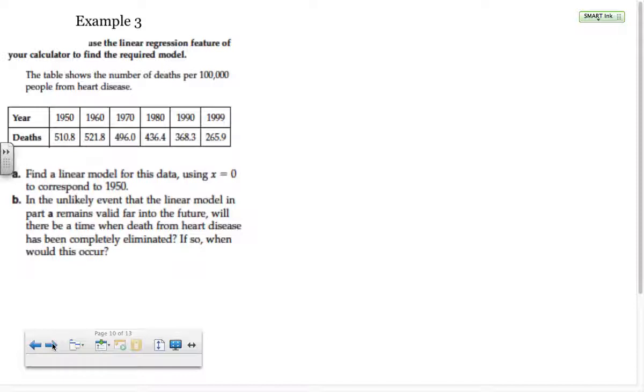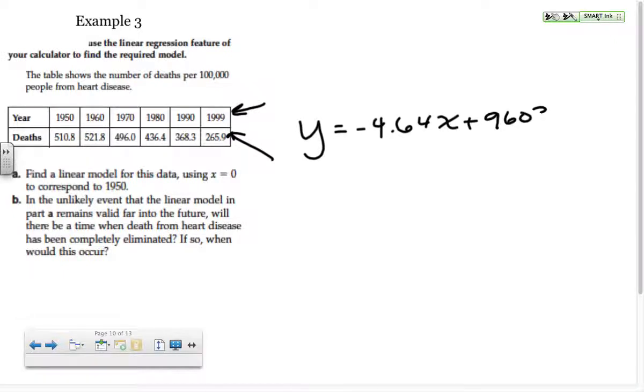So I'm going to use the graphing calculator to do this whole thing. I've already done it on my graphing calculator, so I will show you. I put these numbers into my L1, I put these values into my L2, and then I ran my linear regression, and I got y equals negative 4.64x plus 9603.96.